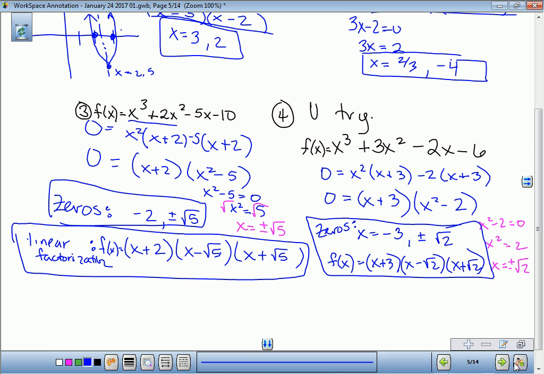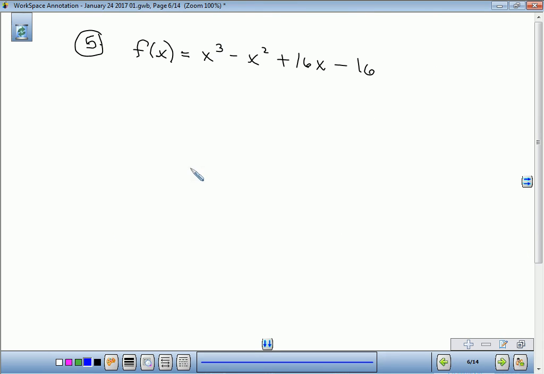So they both work. All right, so this one is very similar, yet slightly different. So you go ahead and factor it, and let's see what you decide to do with it. See if you can find all the zeros.